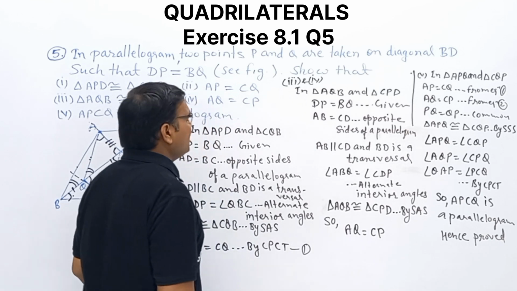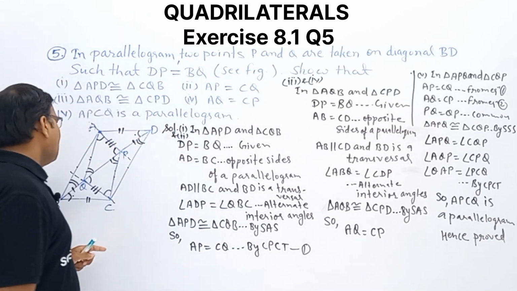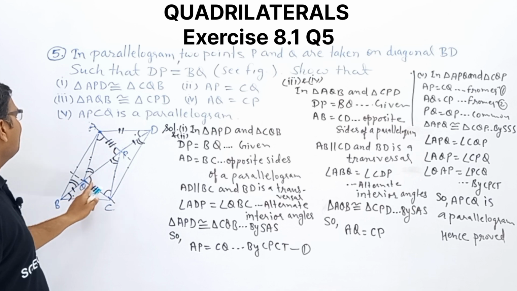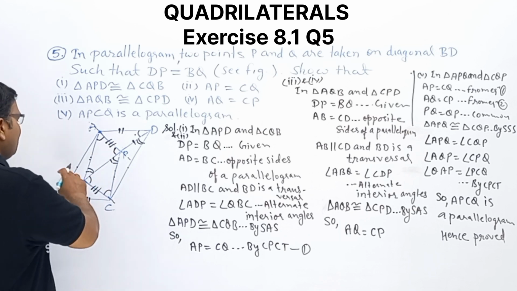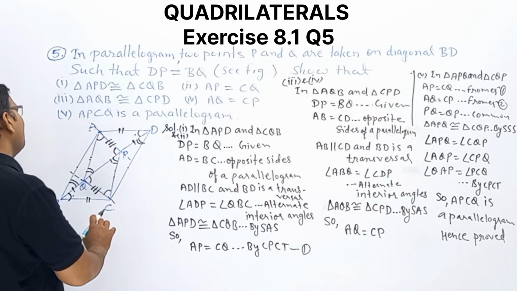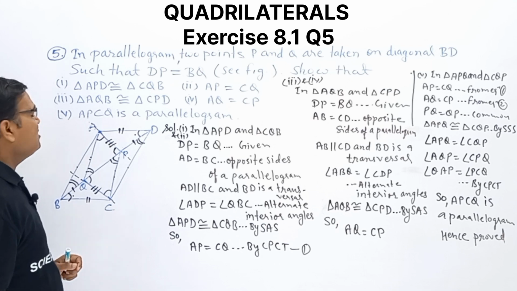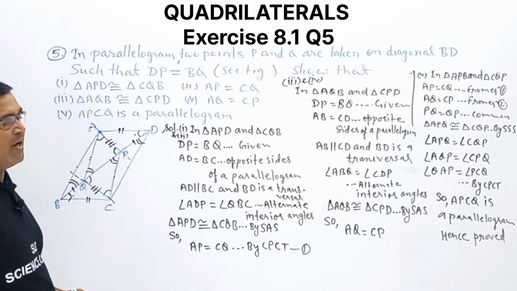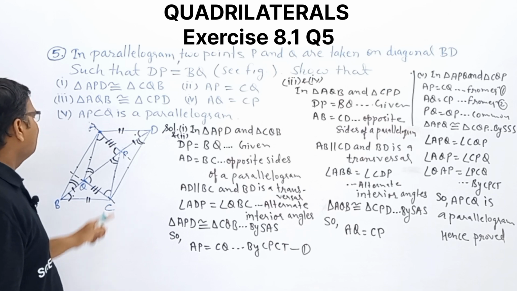So automatically we can say corresponding angles will be this angle equal to this one, this equal to this one, and this one equal to this one. So this is parallel to this one. So by CPCT we proved that APCQ will be what? Parallelogram. Clear?